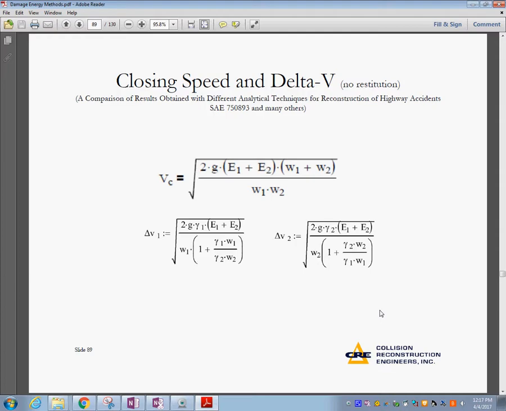The change from that original velocity is delta V. But we need to talk about delta V in terms of vectors, obviously. He is citing the comparison of the results obtained in different analytical techniques for reconstruction of highway accidents from this paper.